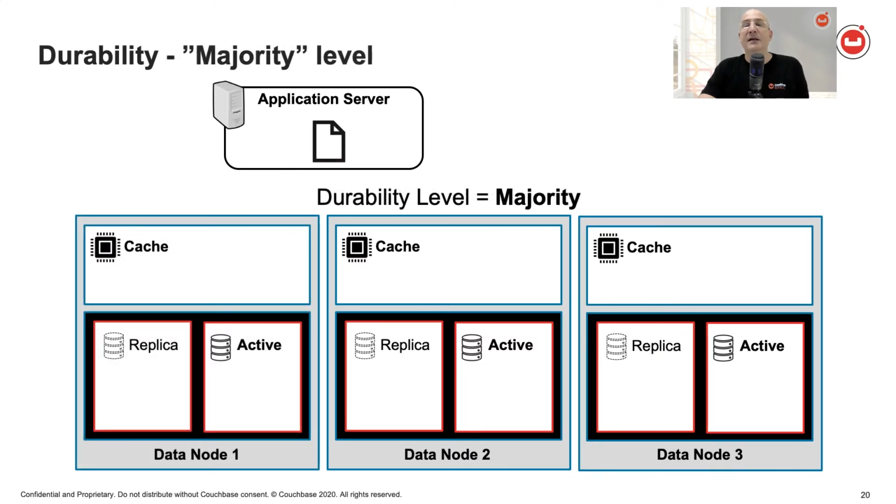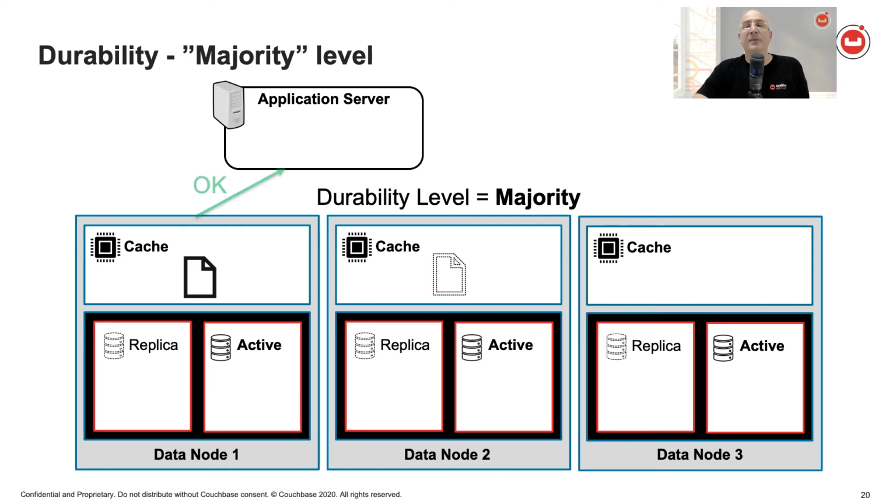So if we decide we need a higher level of durability, we might choose the majority level. With that level, the client sends the document to change to the node holding the active vBucket. That node will not send an acknowledgement to the client yet. It will replicate synchronously the data to another node, and then, when the replication has completed successfully, only then the client gets an OK that the change has completed successfully.